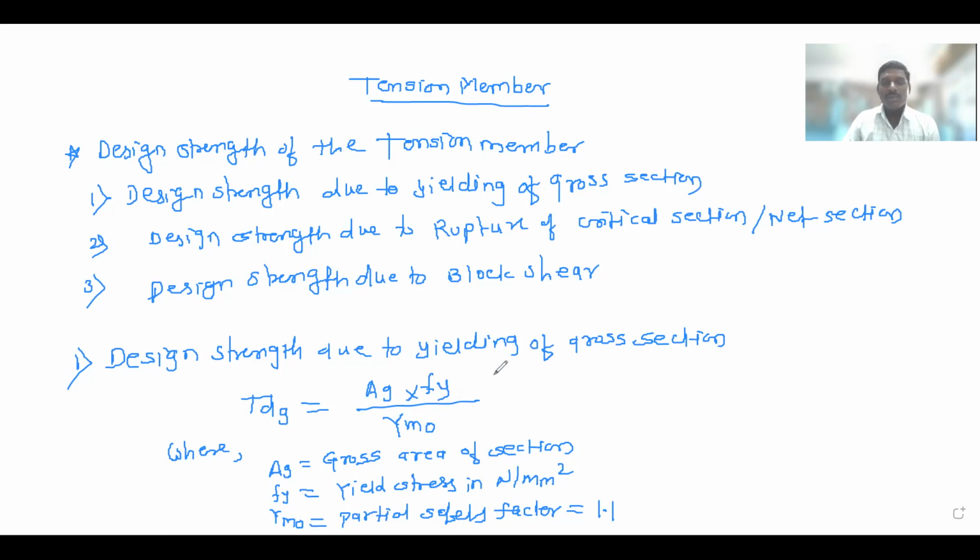Okay, but what is yielding of cross section? I have just written the formula and told what each term is. So what is yielding? Take an example: this is your rod, and if we apply a tensile force on this rod, what will happen?